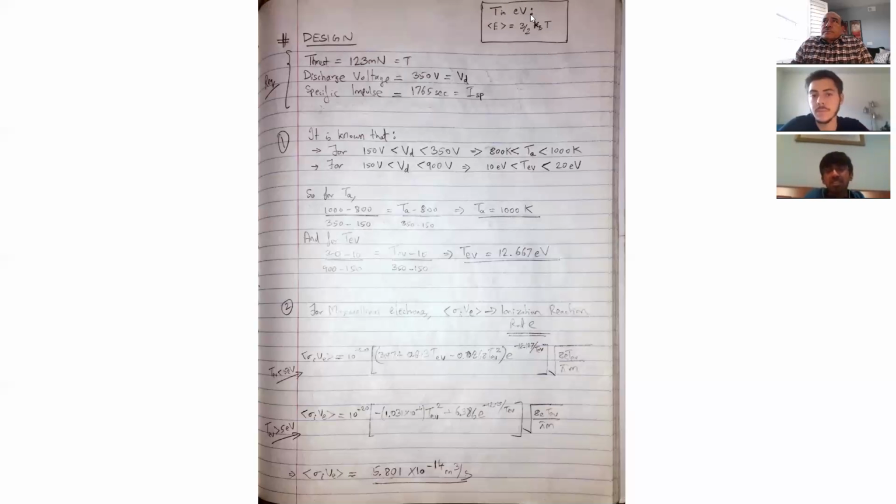Temperature is given in electron volts as opposed to kelvins because generally in the Maxwellian distribution of electrons, which a Hall thruster generally follows, the energy is given by 3/2 kB times T. In other words, if you take the 3/2 to the other side, it's 2/3 of the energy that can be said to be temperature.